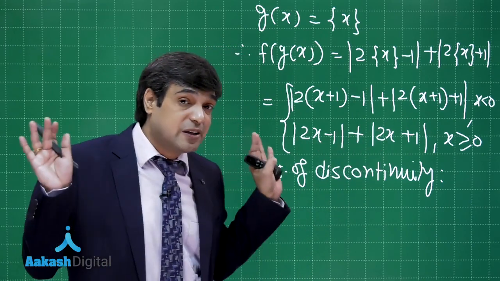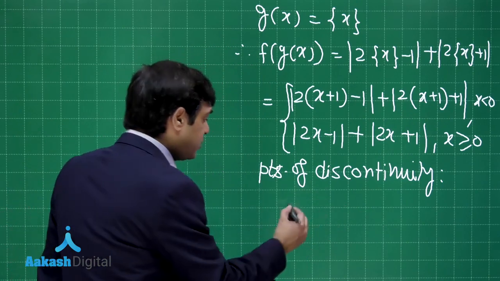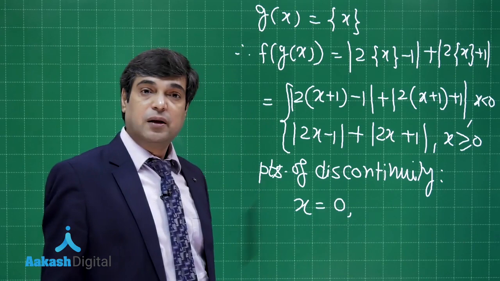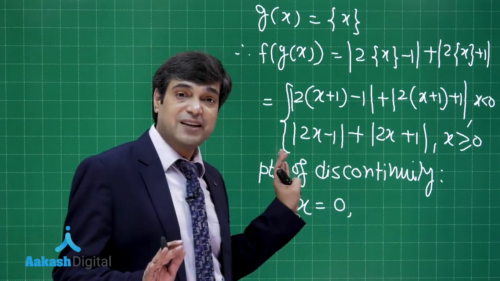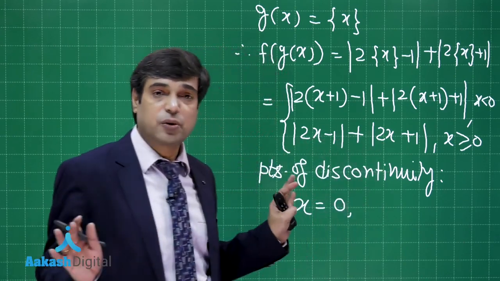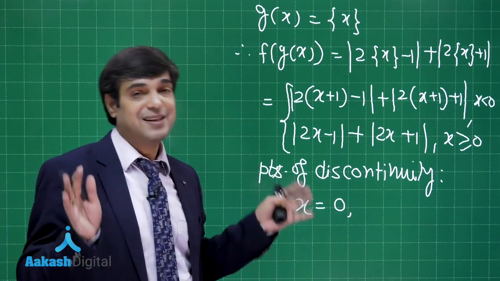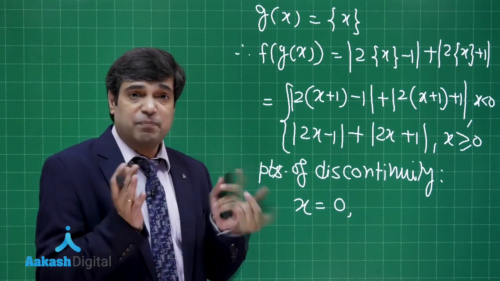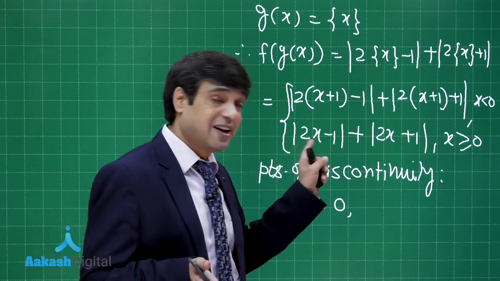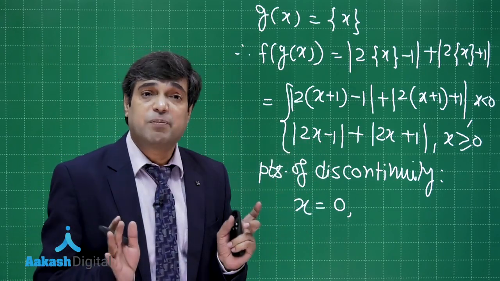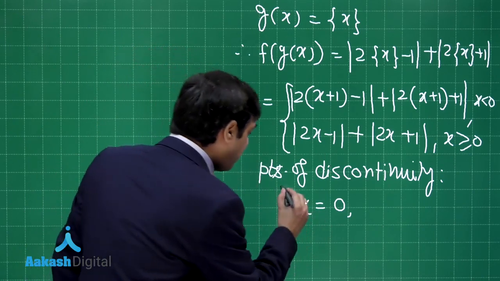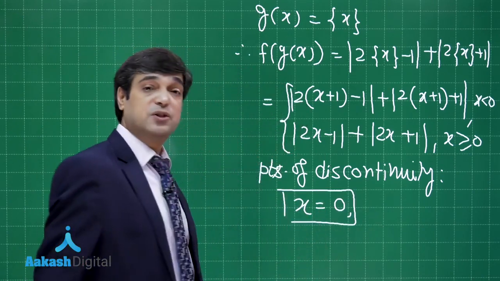So clearly it is discontinuous at 0. Points of discontinuity: 1, that is x is equal to 0. When you talk about half and minus half, due to the modulus function, it's not going to give any change because modulus is continuous at the points where it is changing its nature. Simply the difference is it has a straight line inside term, so it will give you a V-shaped curve. This is all, but discontinuity will not come. So just 1 point of discontinuity, x equals 0, is obtained.